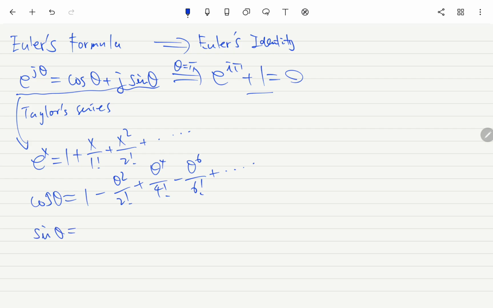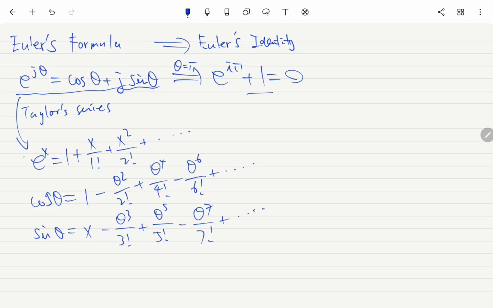Sine of theta is theta minus theta cubed over 3 factorial plus theta to the 5th power over 5 factorial, minus theta to the 7th power over 7 factorial. I'm not sure whether you have learned it in the calculus class, but I hope so.